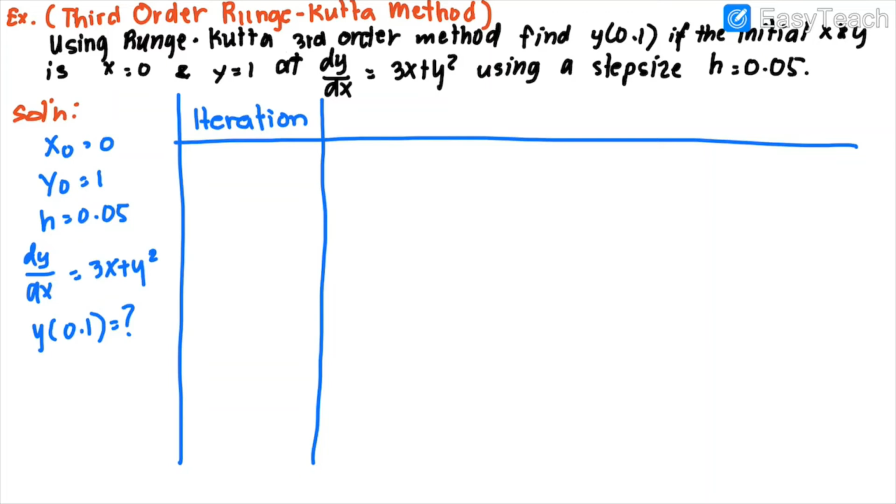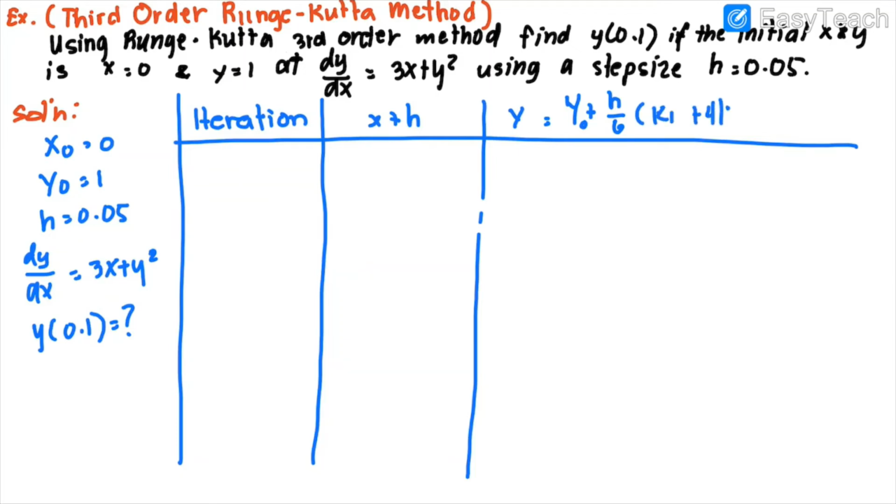So, for our iteration table, for the value of x plus h, y equal to y0 plus h over 6 of k1 plus 4k2 using the modified Euler's version. Using the modified Euler's version, first, second, and third. Initially, the initial values are x0 equal to 0 and y0 equal to 1.